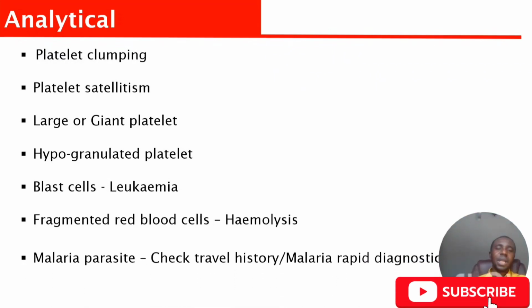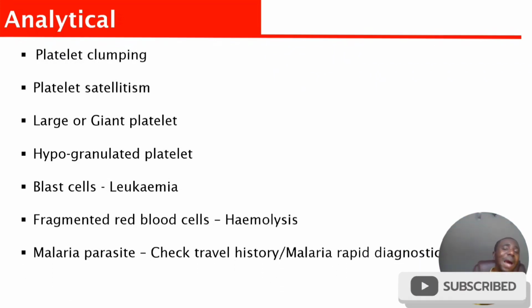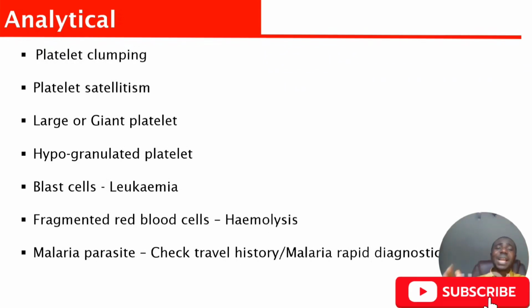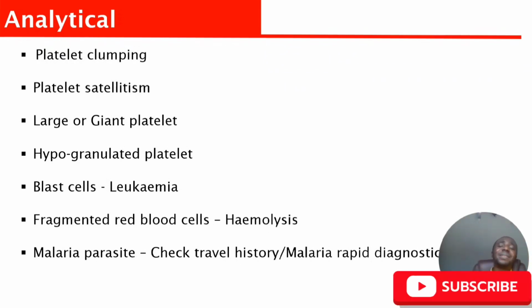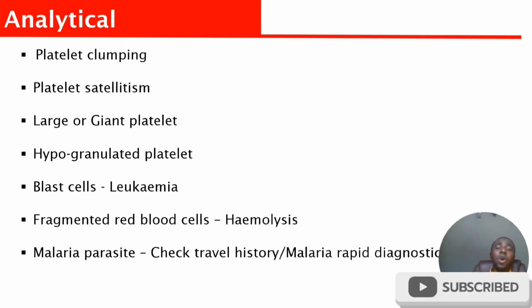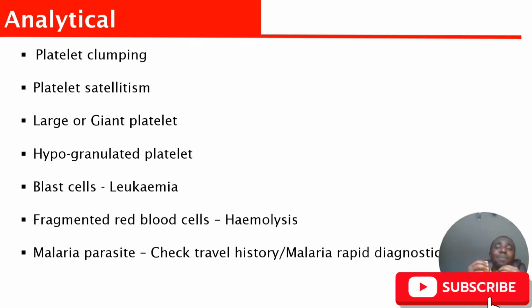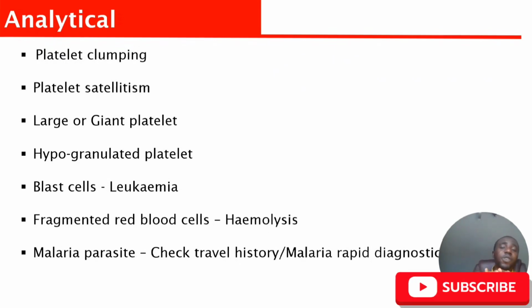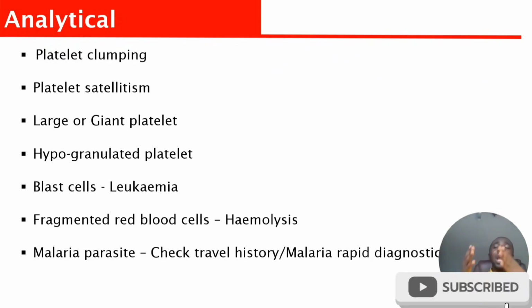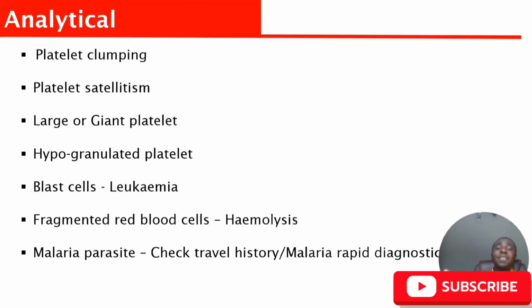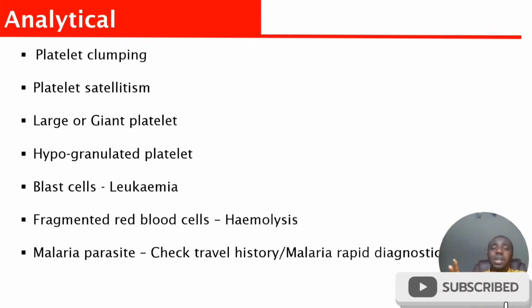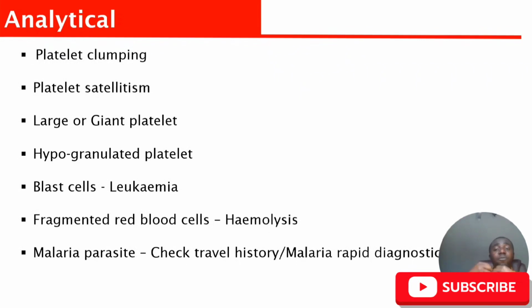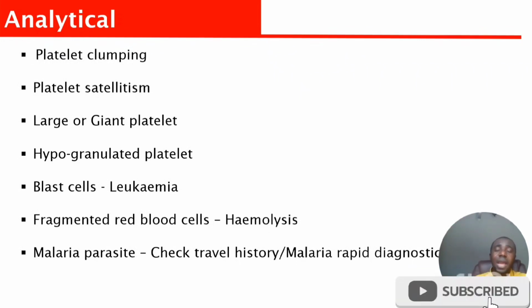Okay. Now you have the case of malaria. When you have a malaria parasite, or even other infectious organisms like viruses and bacteria, they can attack platelets and can affect platelet count. So in a case of suspected malaria, you might need to check where the patient has been. Has the patient traveled to a country where malaria parasites are predominant?